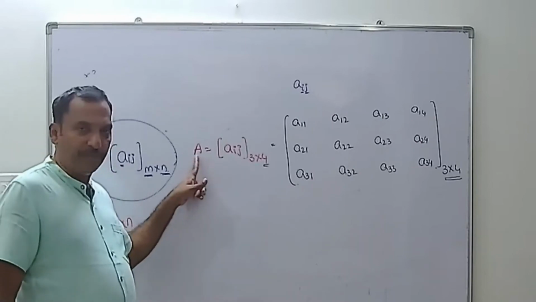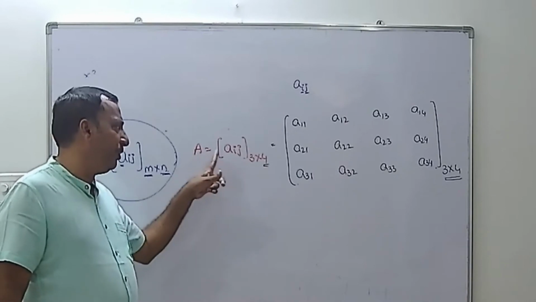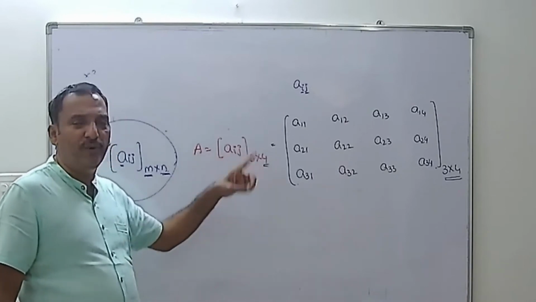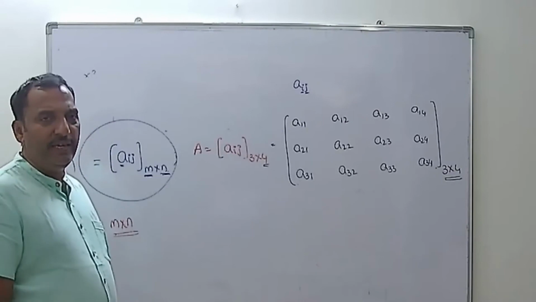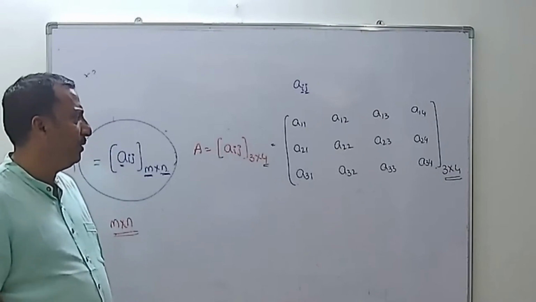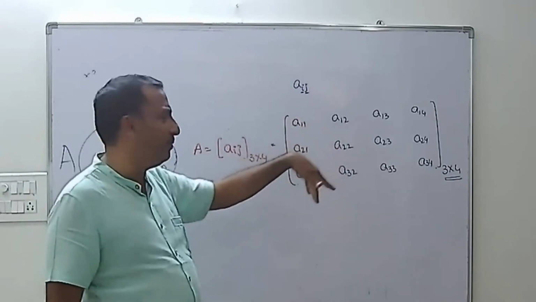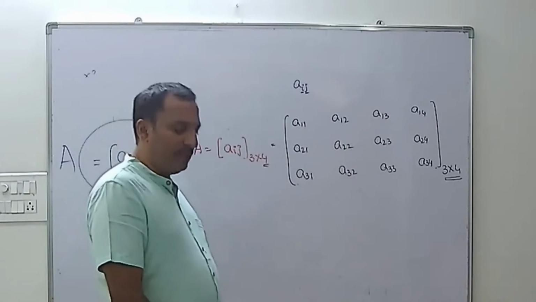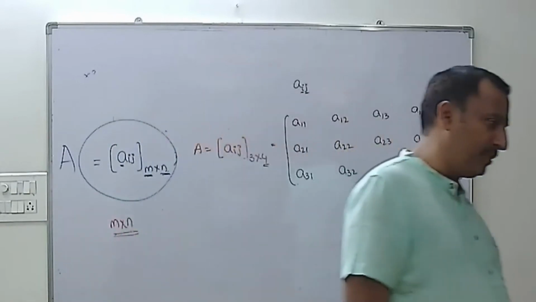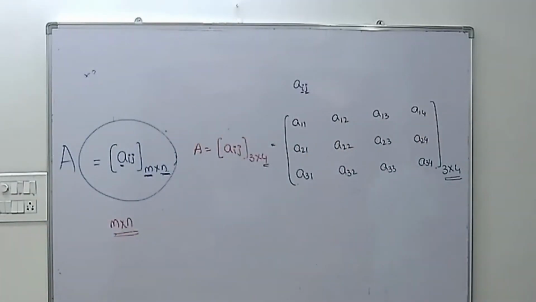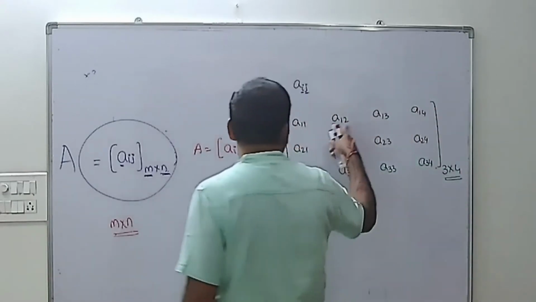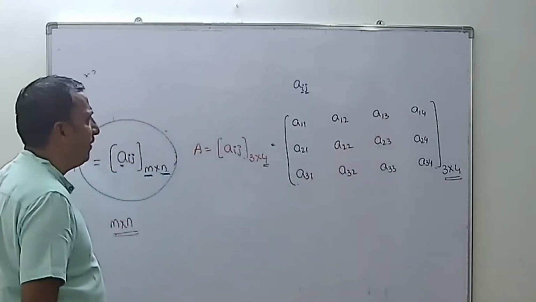Example. A is equal to Aij 3/4. Aij 3/4 means it contains 3 rows, 4 columns. A11, A12, A13, A14.